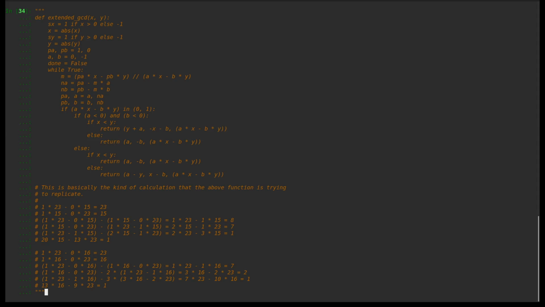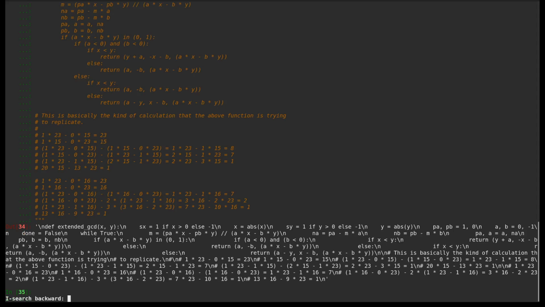And here's an explanation for how it would work for a couple of different numbers, in this case discovering the GCD of 23 and 15. We start out with two different equations: 1 times 23 minus 0 times 15 is 23, and 1 times 15 minus 0 times 23 is 15. And then we can subtract these equations from each other and end up with smaller and smaller numbers, and along the way build up what n and m happen to be.